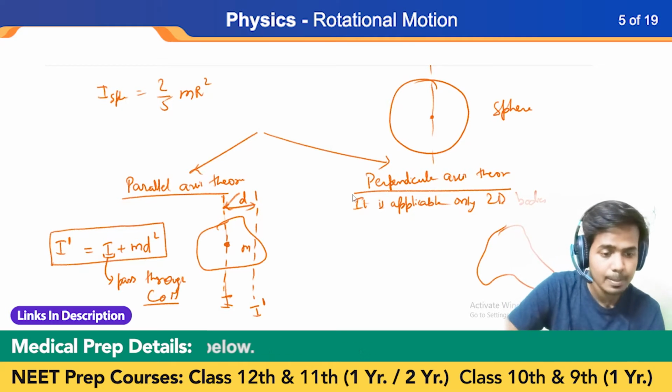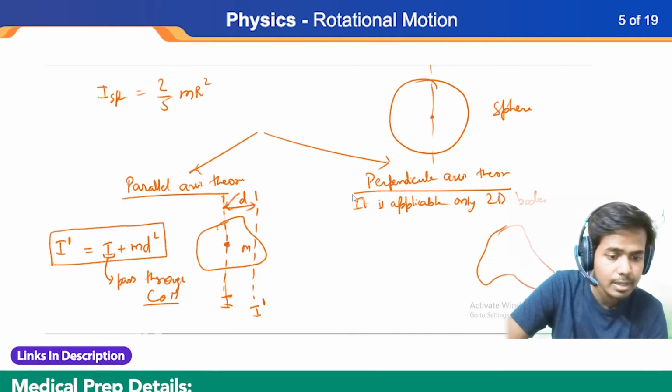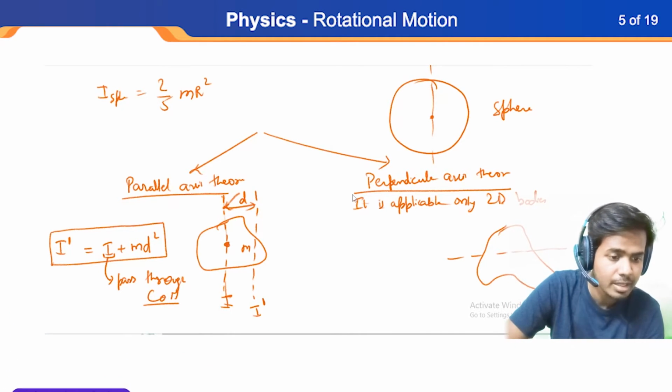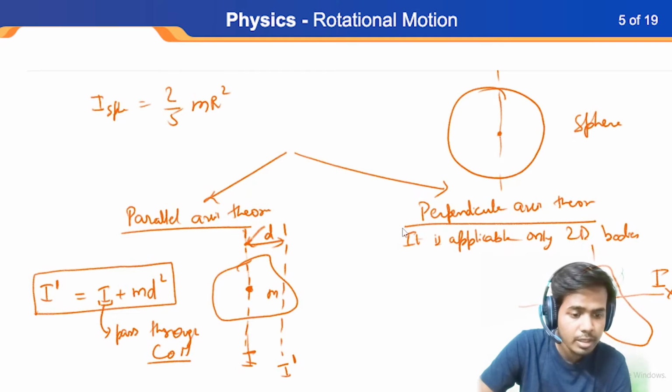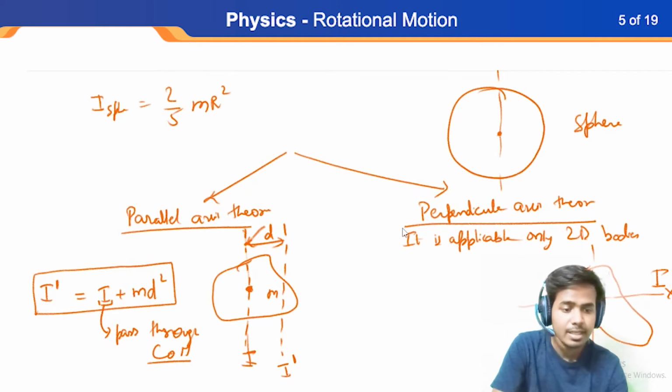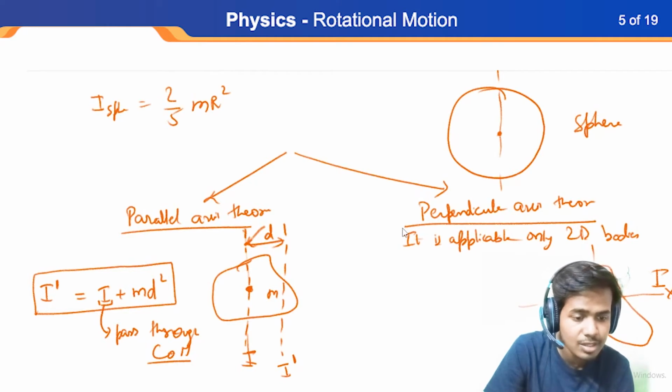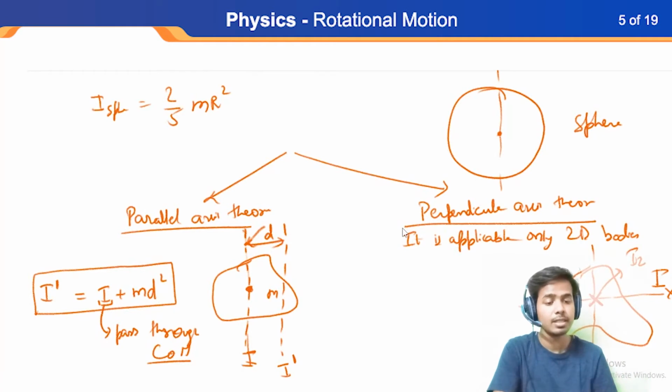In those cases, let's say there is an axis of rotation in the x-axis, an axis of rotation in the y-axis, and then another axis of rotation in the z-axis, which is going inside the plane.